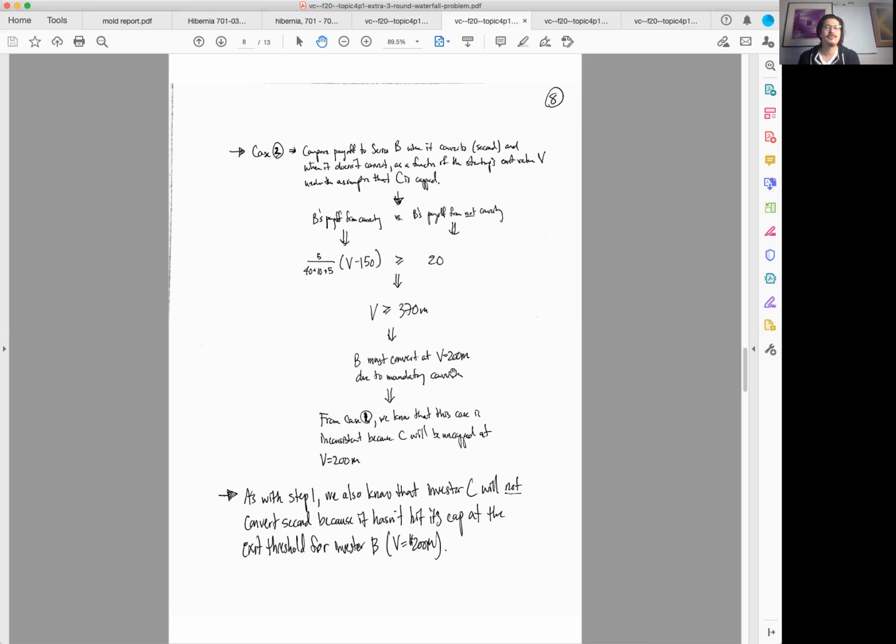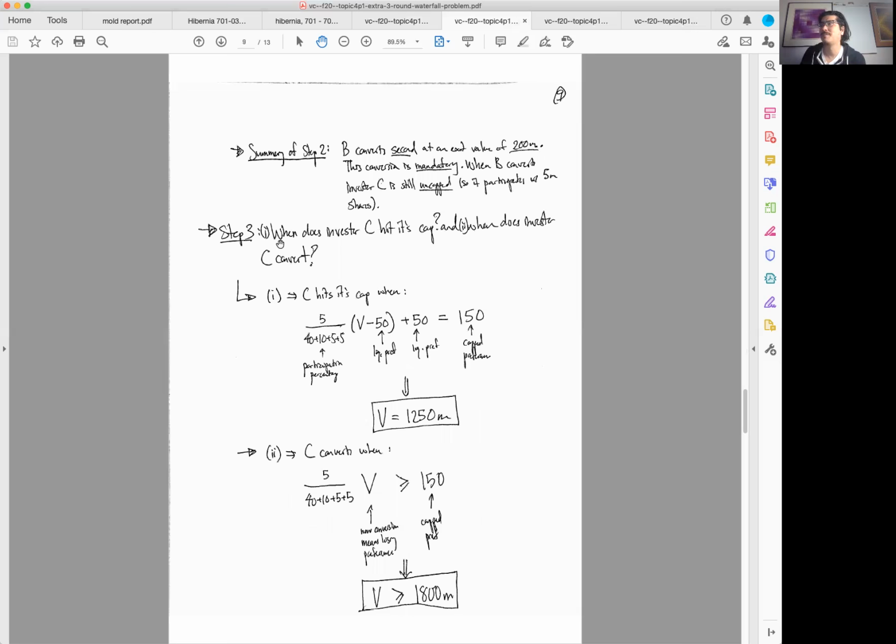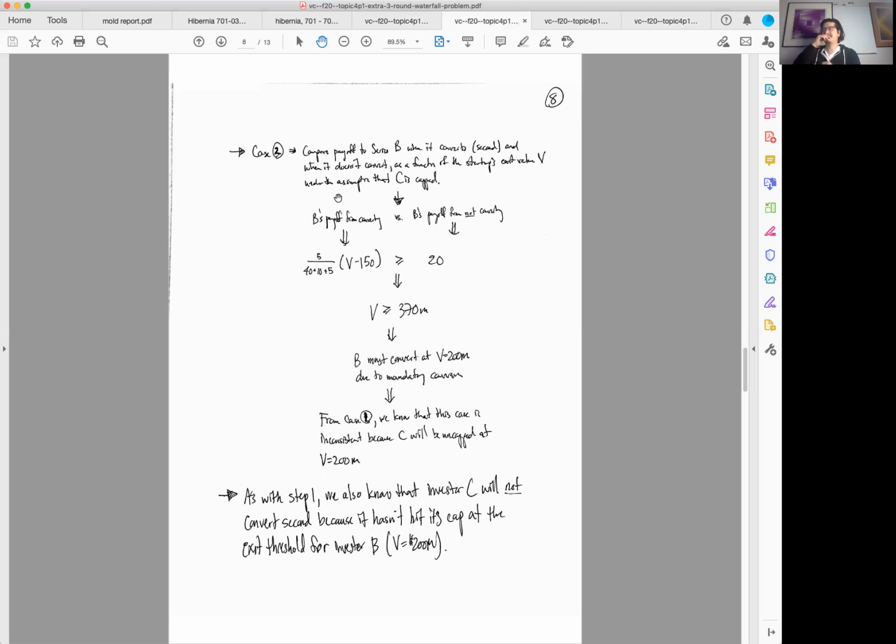So what have we learned? Well, we need to check one more thing. Does C actually convert first? Well, look, since we know that when B converts, C has not hit their cap, since they haven't hit their cap, there's no way they would convert. Because unambiguously, converting when you haven't hit your cap hurts you.